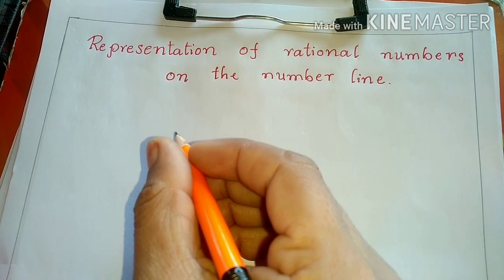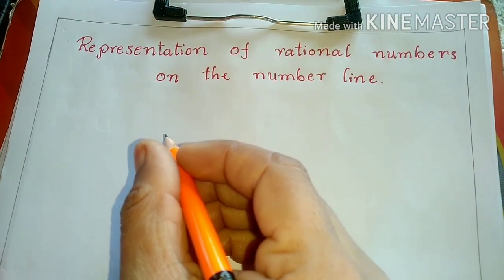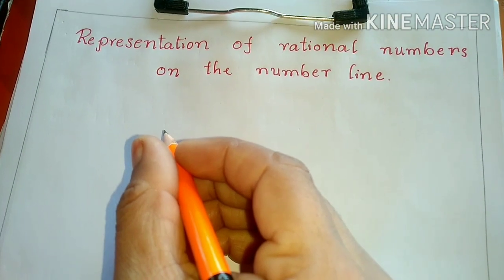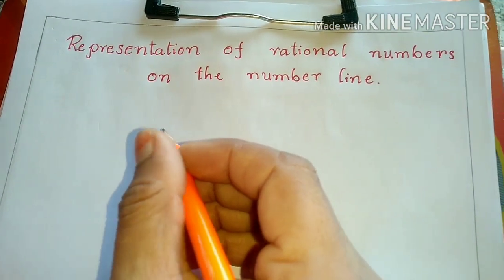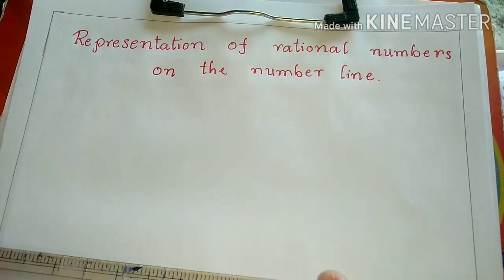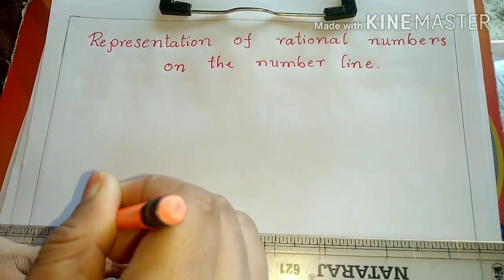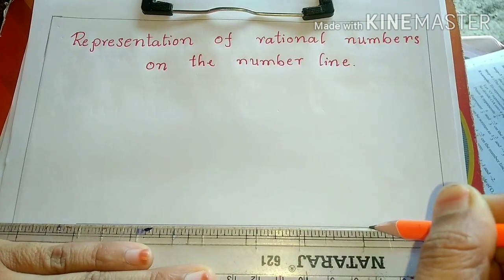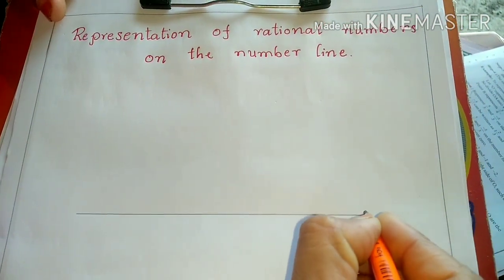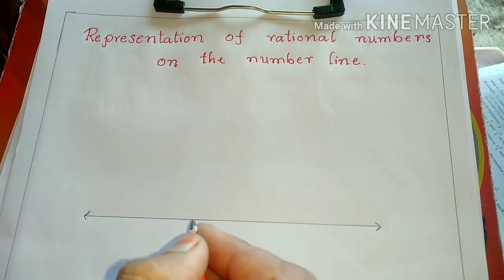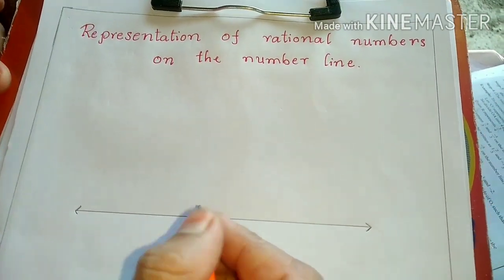First, you have to draw a line and mark a point O on it to represent 0. The number line has positive numbers and negative numbers, and you mark them.